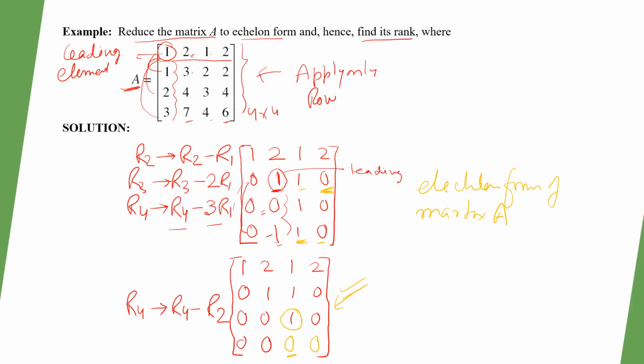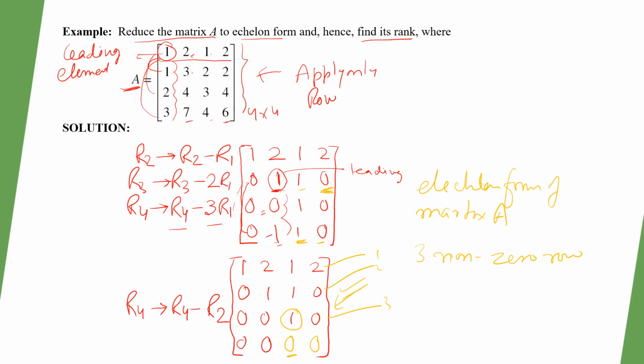Now what is the rank of that matrix? Check the number of non-zero rows. Here we have 1, 2, 3 non-zero rows.